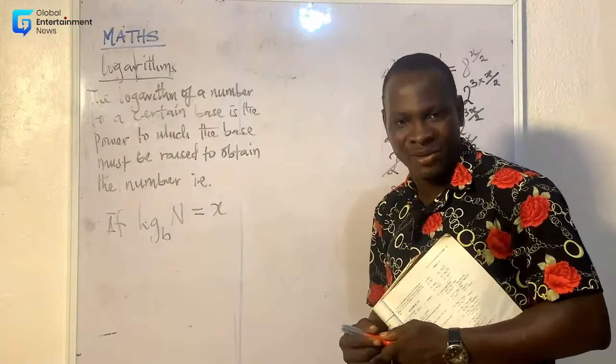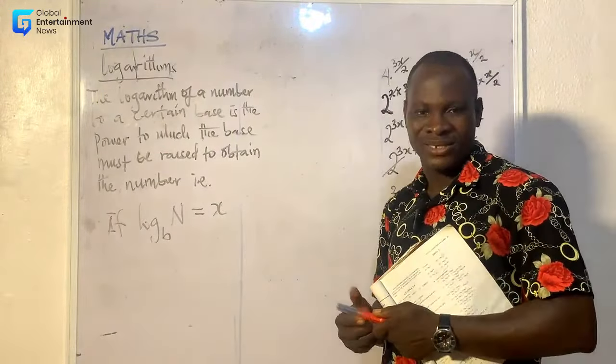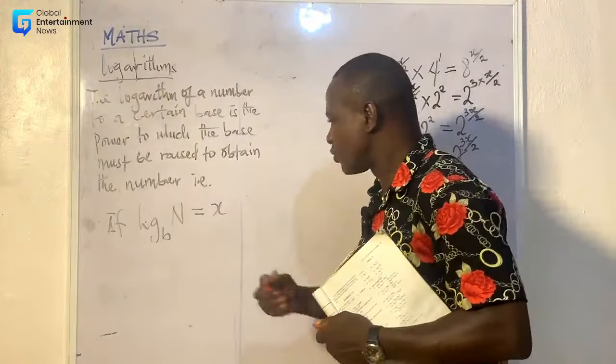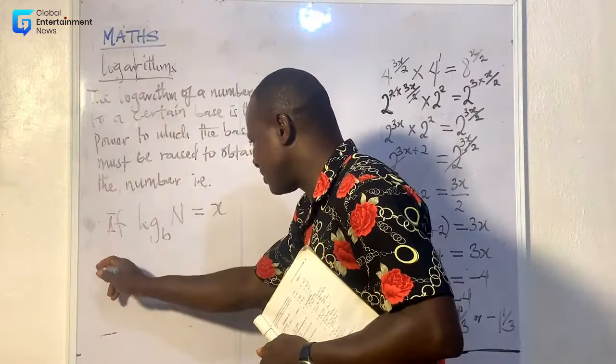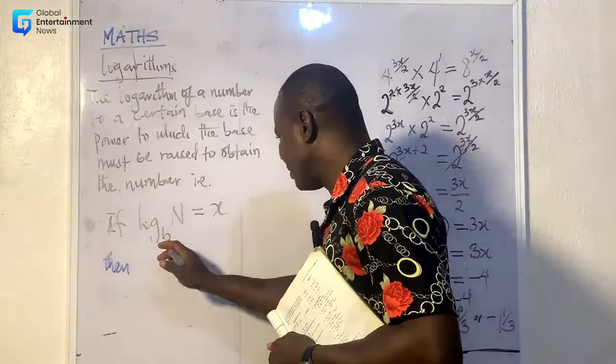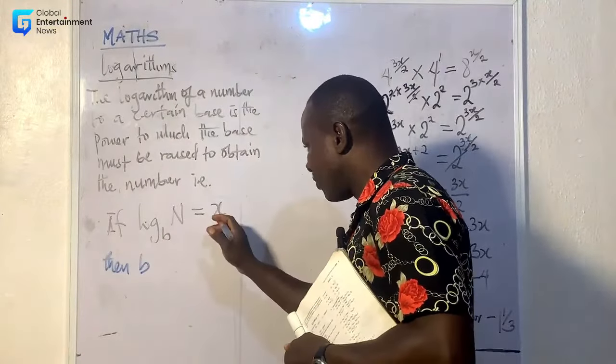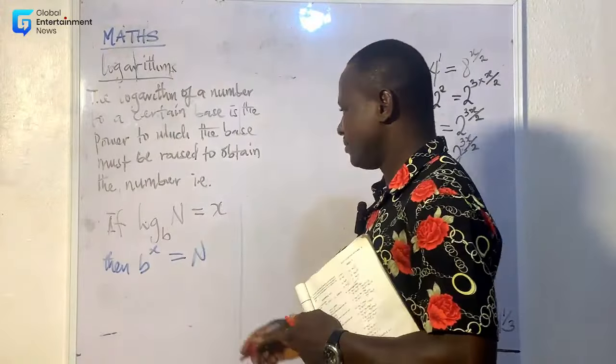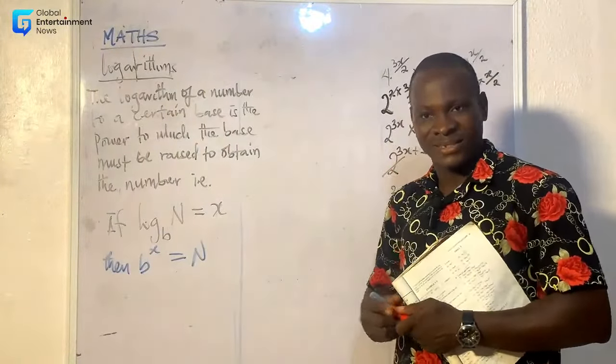What is the number here, everybody? X. So this base must be raised by this x. It means then b raised to power x is equal to n. That is the illustration.